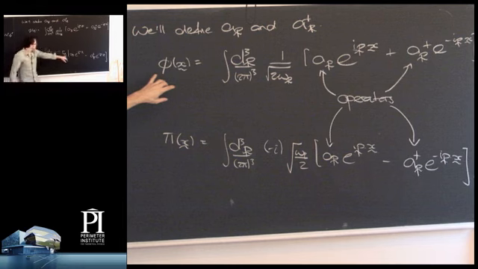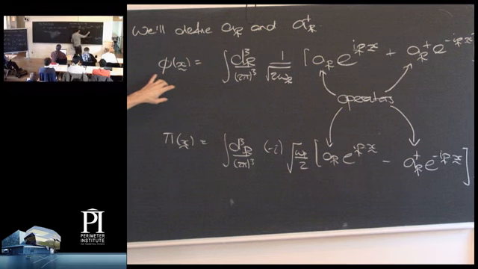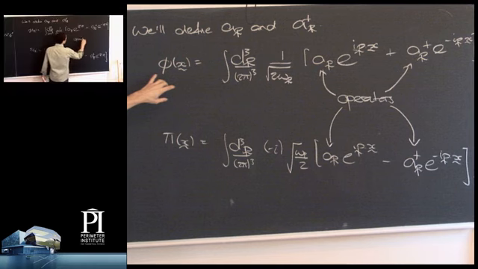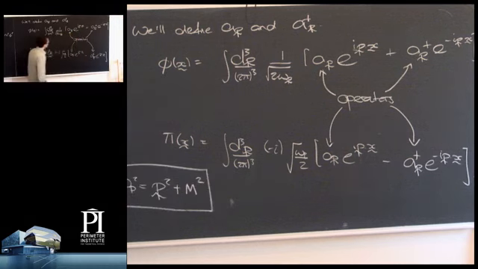Okay, so you can take this to be a definition of the a's and the a daggers. Let me just stress the operators here are these guys, the a's and the a daggers. This thing here is just a function, or if you like, telling you a labeling between the operators.